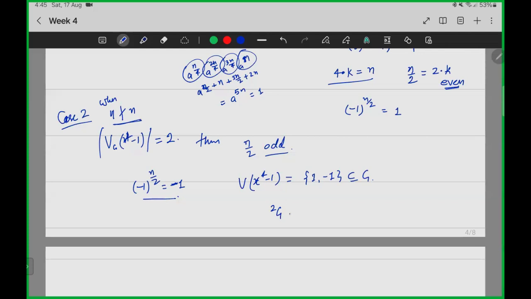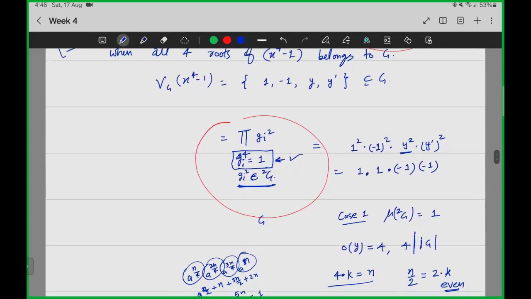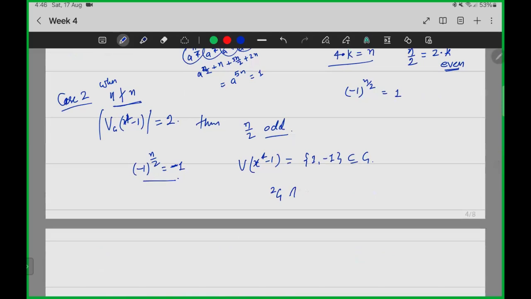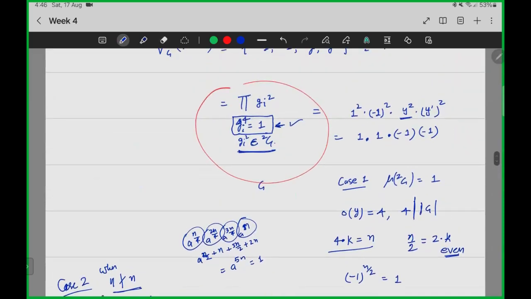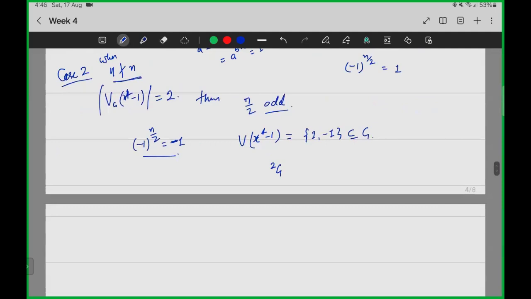Intersected with this extra condition, x to the power 4 minus 1, intersected with what appears in the product, that only matters. I should write it explicitly. We want this red shaded area, this part. So in this, we are taking all those g_i whose fourth power is 1. So we are only focusing on those elements g_i whose fourth power is 1. In this case, the squares of them become nothing but 1, a singleton 1, right?